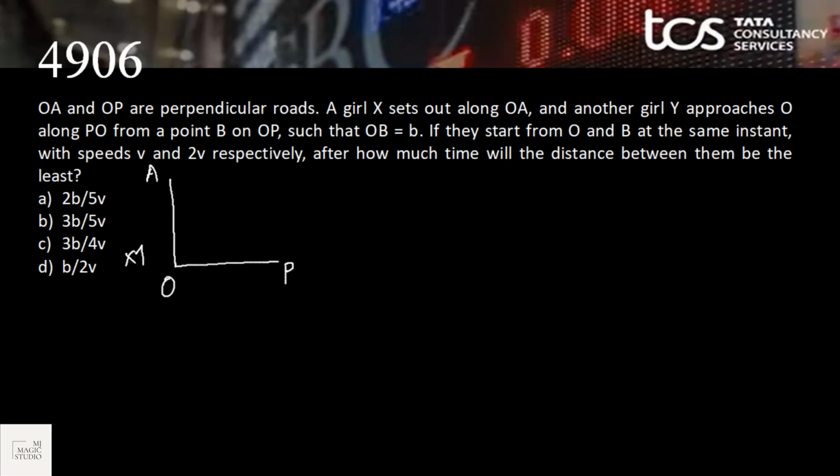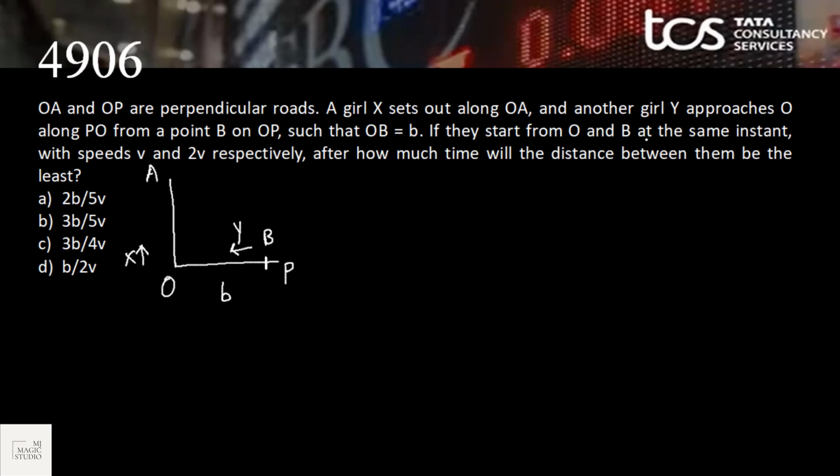X is moving in this direction, OA. And another girl Y approaches O along PO from a point B. This is point B. And this girl Y is approaching towards O, such that OB is equal to B. This length OB is equal to B.